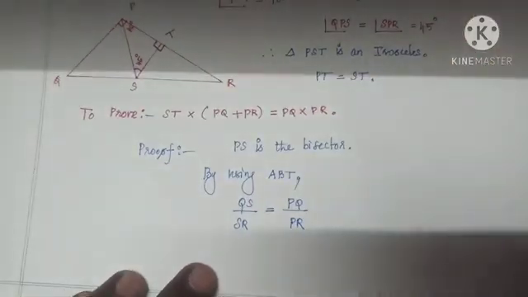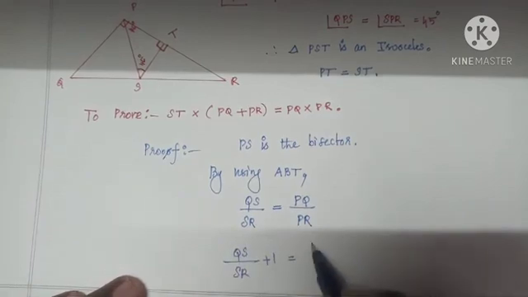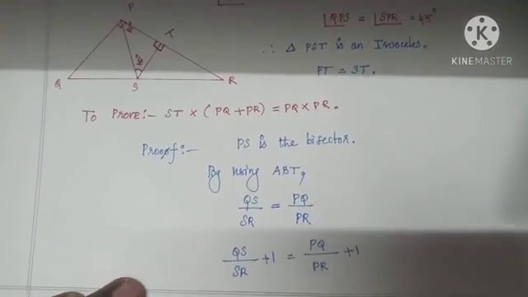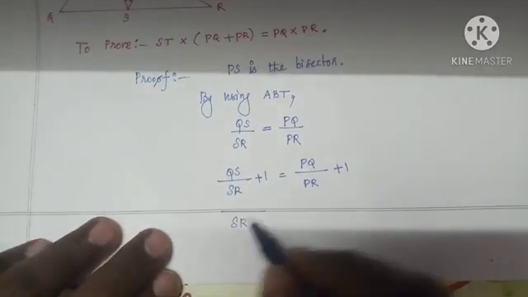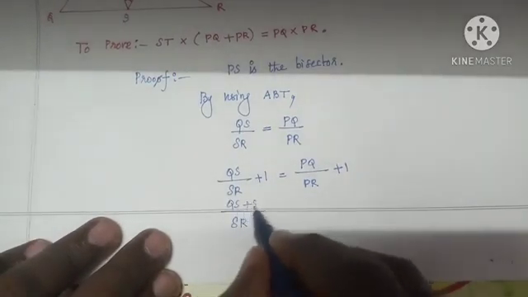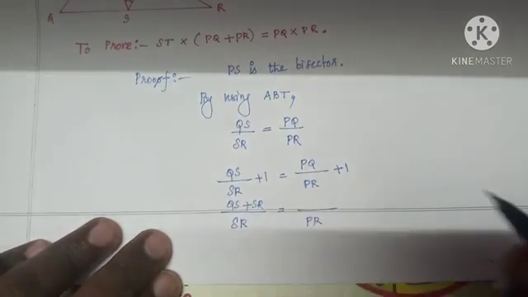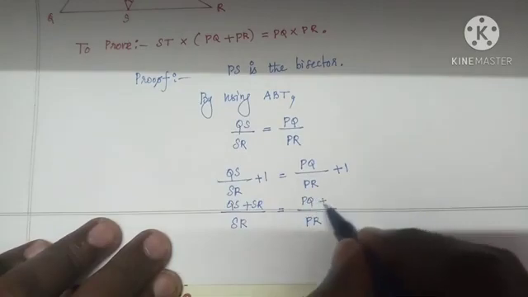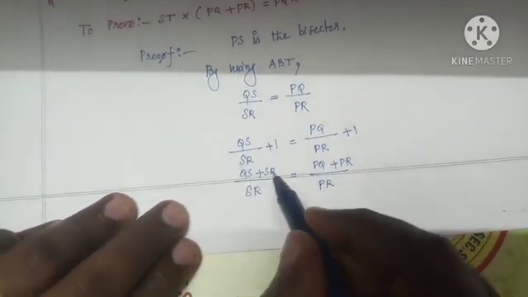Here I am going to add 1 on both sides. So QS by SR plus 1 is equal to PQ by PR plus 1. The same denominator, that is SR, so QS plus SR is equal to PQ plus PR over the denominator PR.